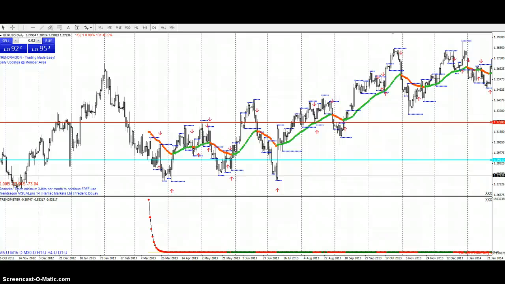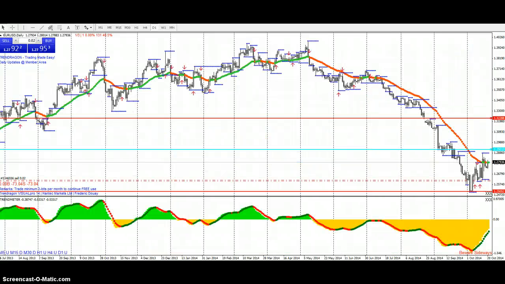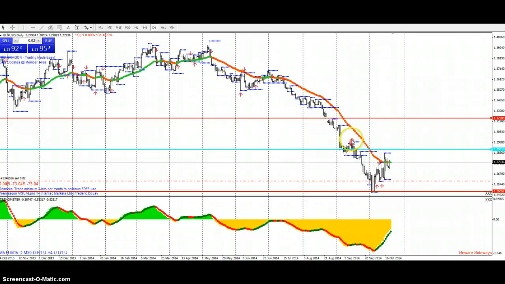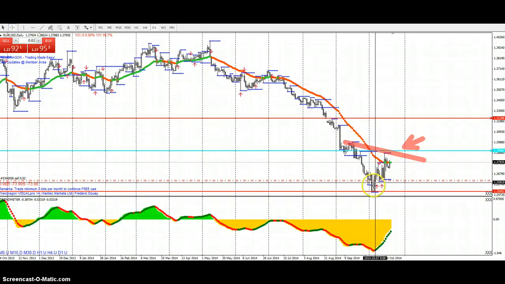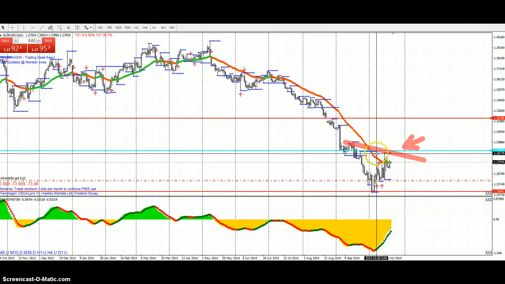There may be a correction pattern unfolding right now, with this level here being, I need to do this better, this here and this here and here could be a head and shoulders, which in this case the head would be here, the entry would be here, and if we look at the potential objective, let's say around here, that's 374 pips.